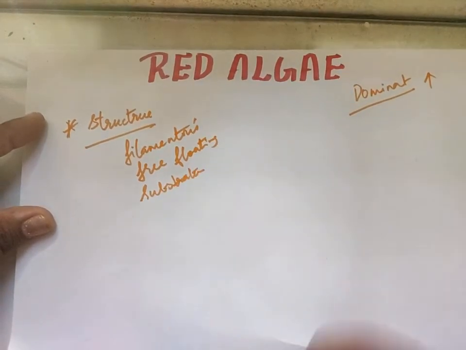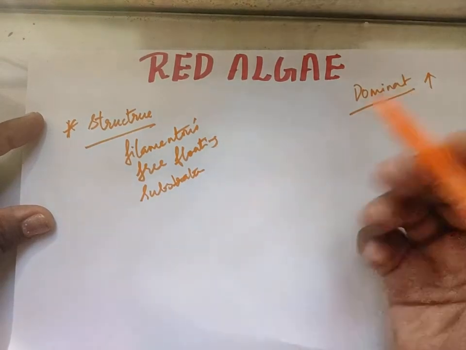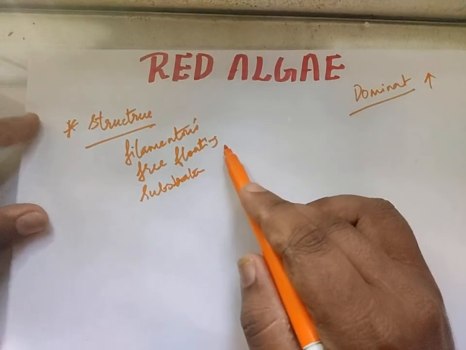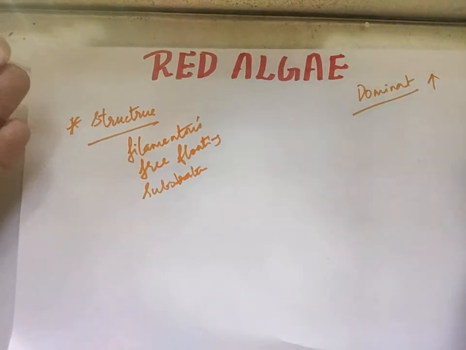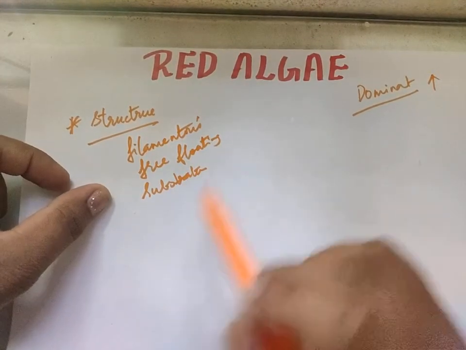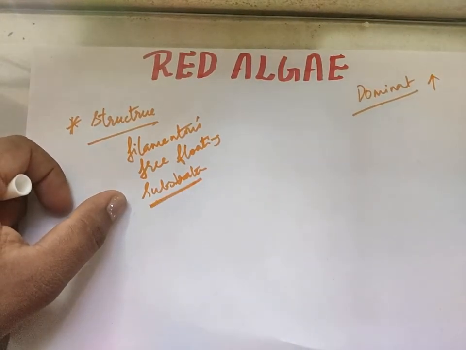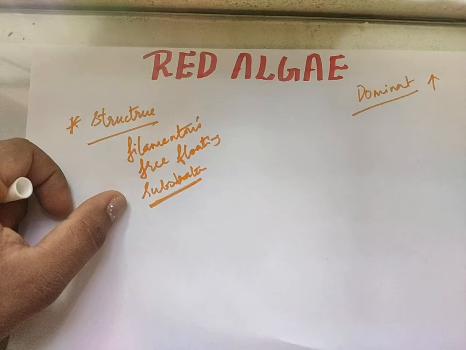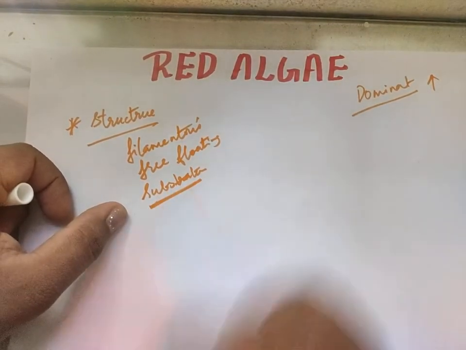Filamentous means thread-like. Free floating means they may appear above the surface of the water, and others may be attached to the substratum. They may hold onto a rock or a piece of wood in the water. So this is the substratum.